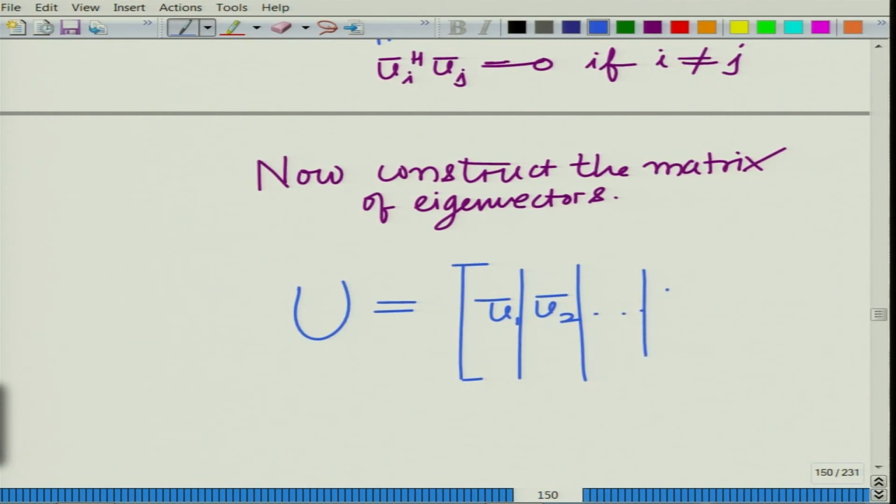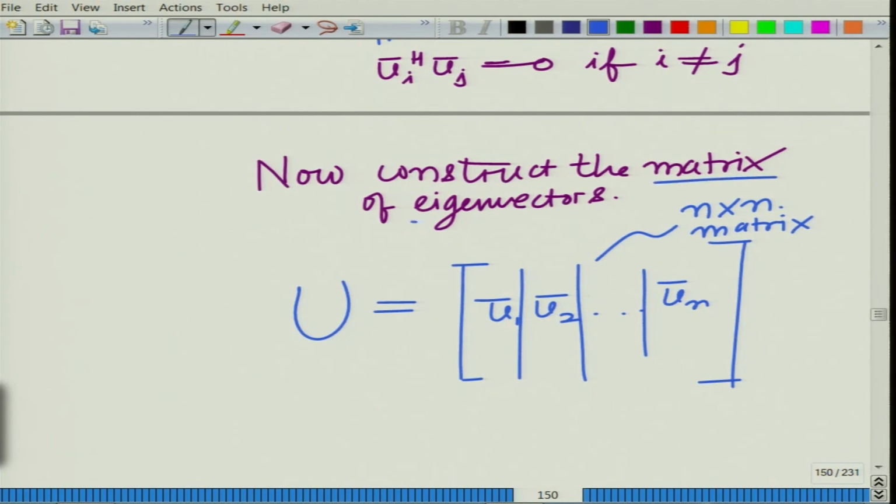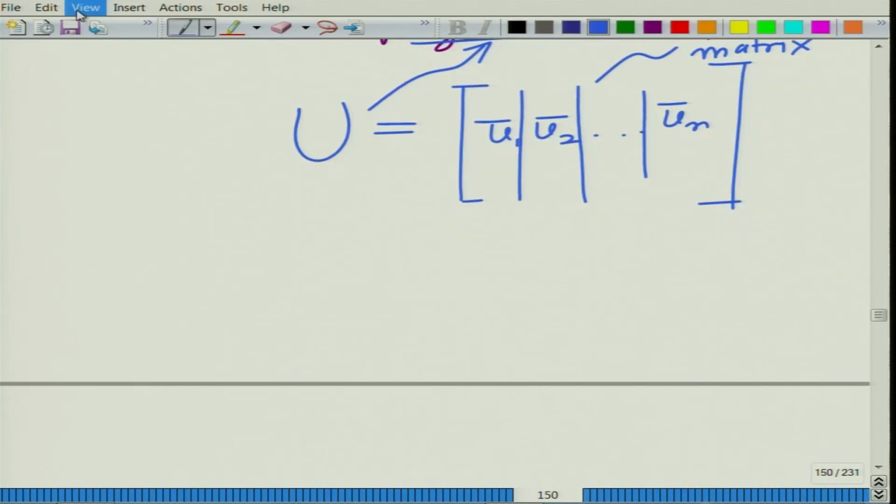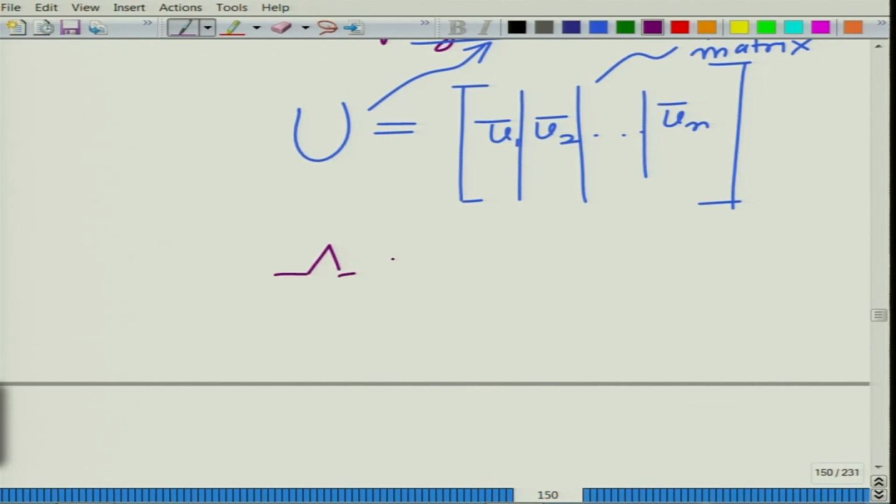This will be an n cross n matrix. This is your matrix of eigenvectors, correct, where each column is an eigenvector and the corresponding eigenvalues are lambda 1, lambda 2, lambda n, and we can write that as a diagonal matrix, right. So, we have the diagonal matrix lambda, where you have lambda 1, lambda 2, lambda n.